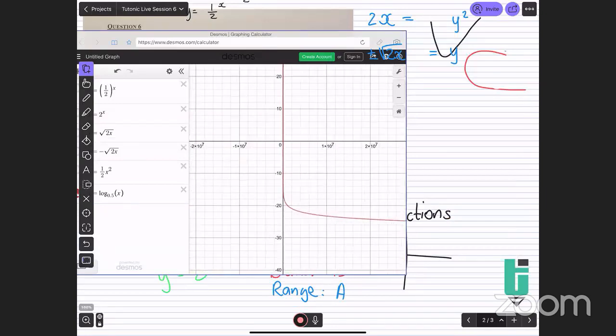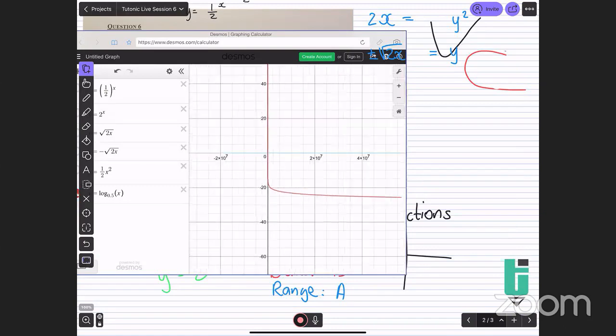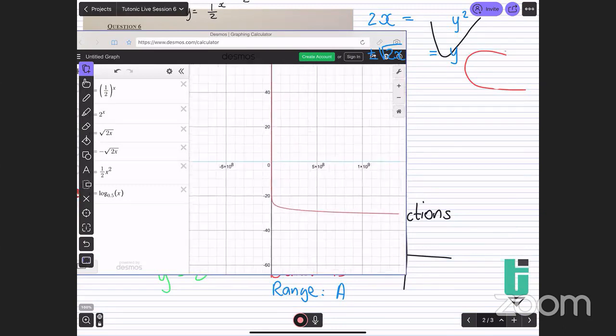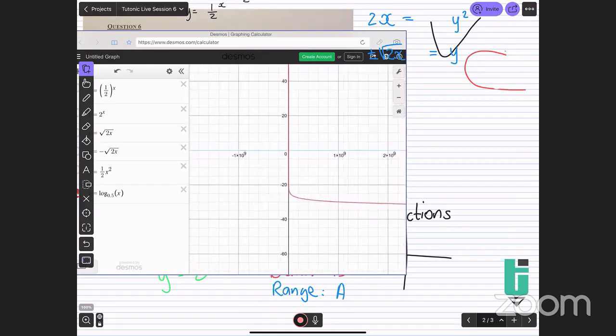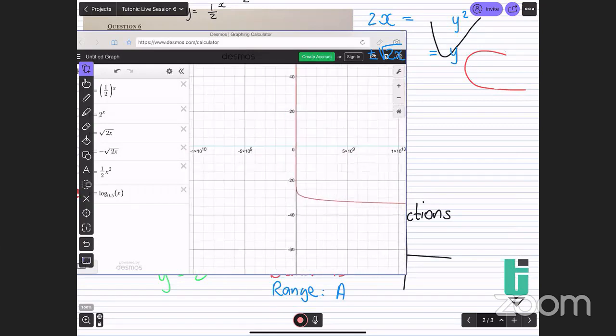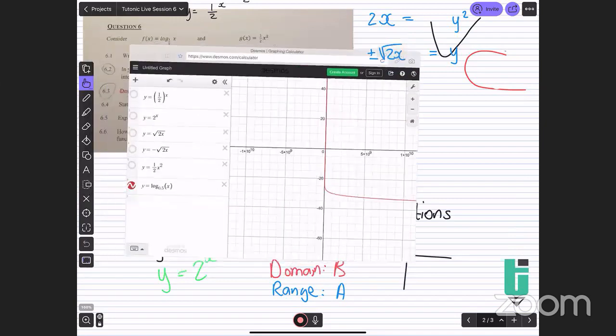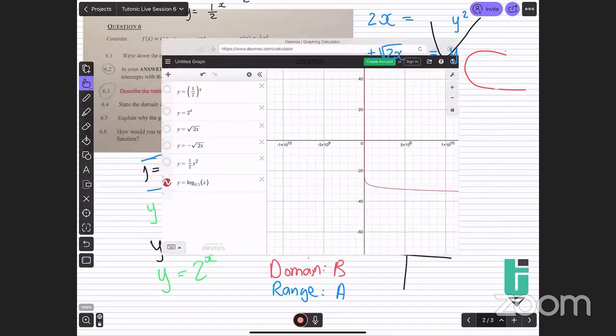Do you guys see how the range is going on forever? Yeah, there's no asymptotes. Okay, it's only an x asymptote. Okay, guys, what's the domain of the exponential graph? X is an element of the real numbers.